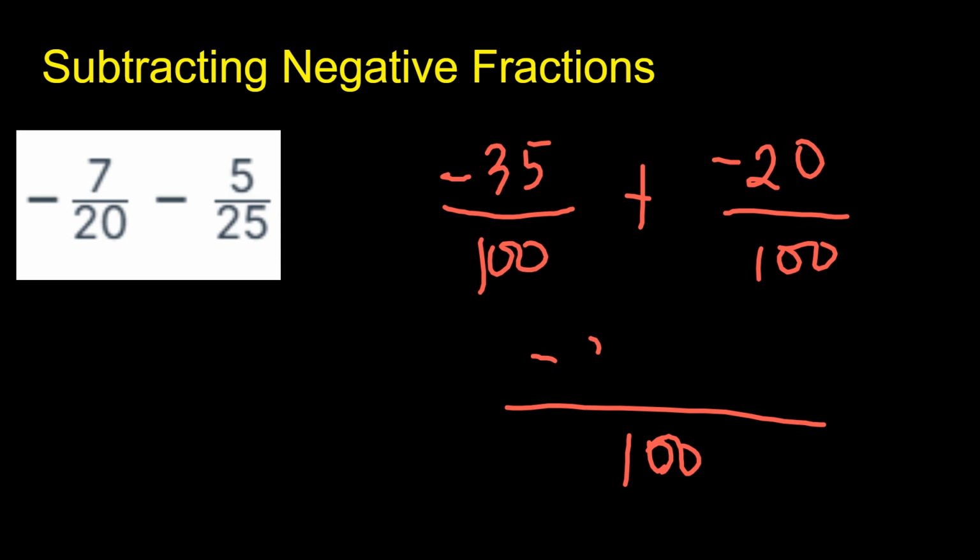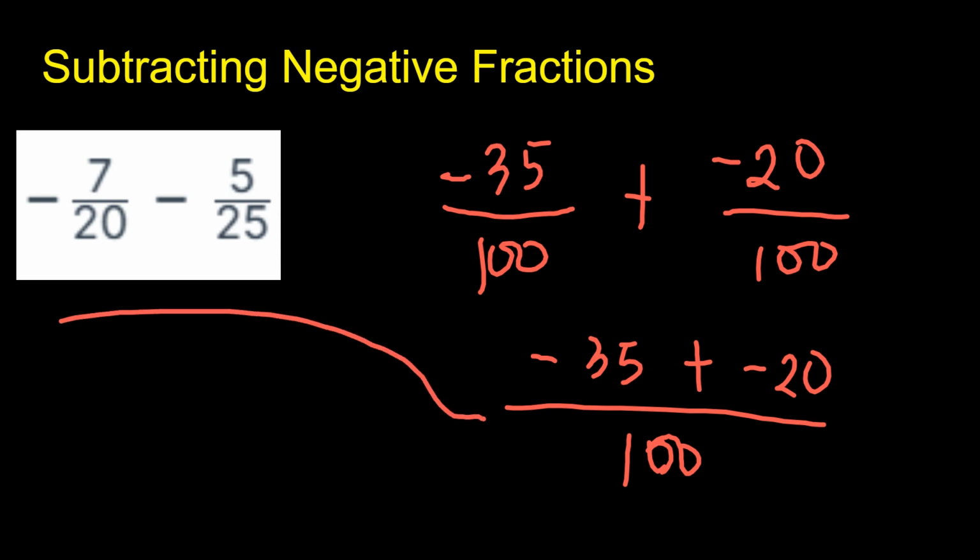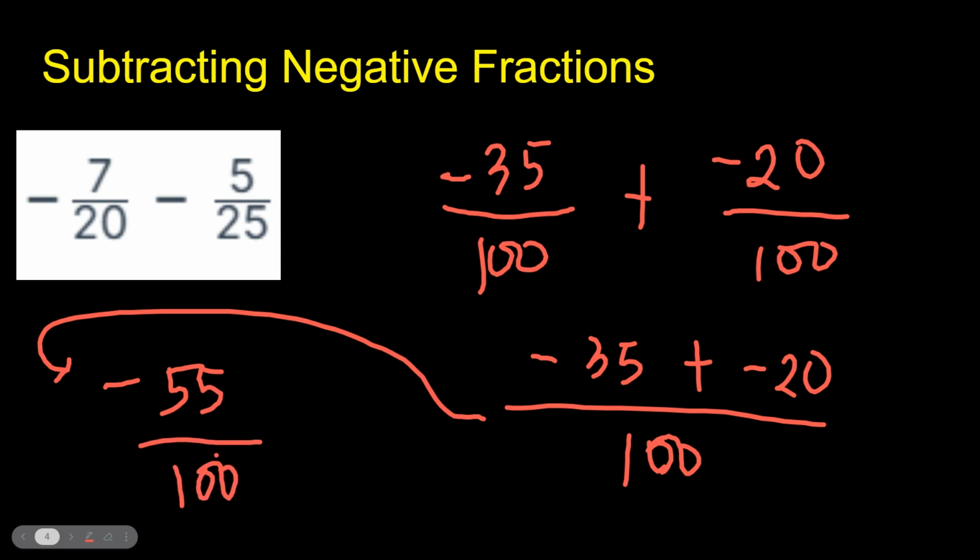And then we have negative 35 plus negative 20. So the answer now would be negative 55 over 100. But as you can see, negative 55 over 100 can still be simplified or reduced.